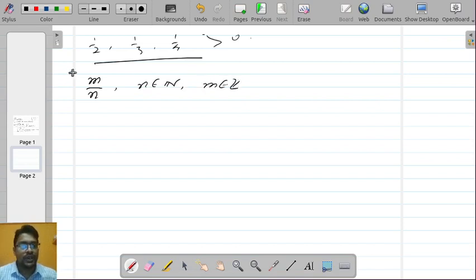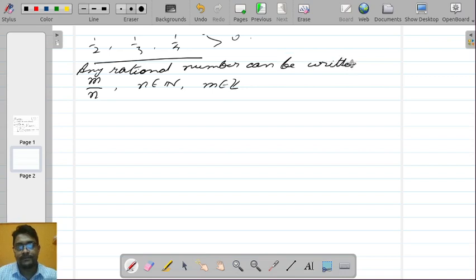Any rational number can be written this way. As a consequence of field properties, we have already seen that 1 by minus a can always be written as minus of 1 by a. So these things we can do.